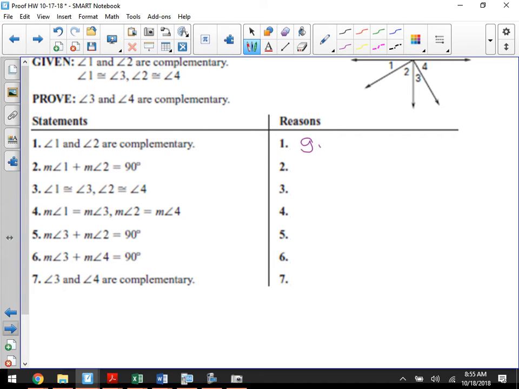That's given. According to your progression sheet, what do you do after you say that you have complementary? Definition of complementary, but what are you stating here? We're stating that 1 and 2 equal 90. Okay, that was it. So once you have complementary, you say the angles add up to 90, that is the definition of complementary.